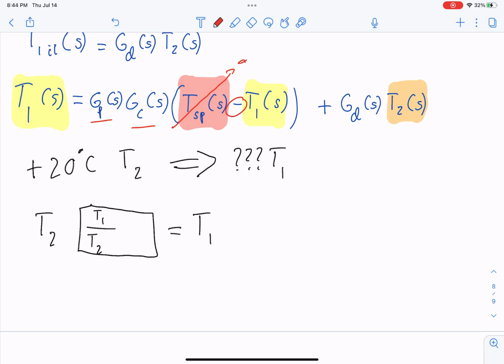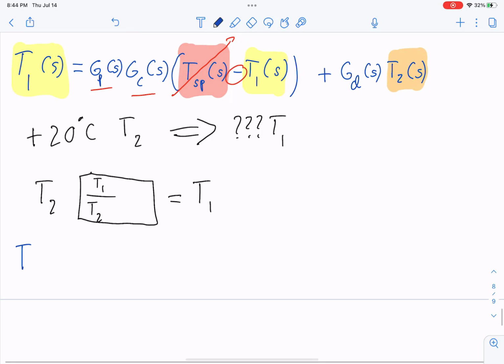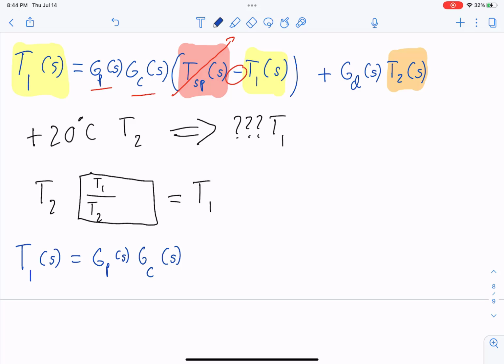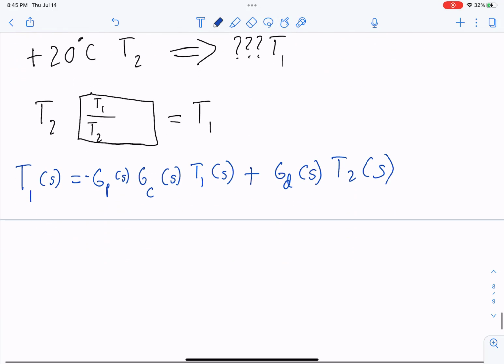We'll go ahead, we'll just write that. We're not getting charged per page on this. Put the negative out front. T1S plus GDS T2S.